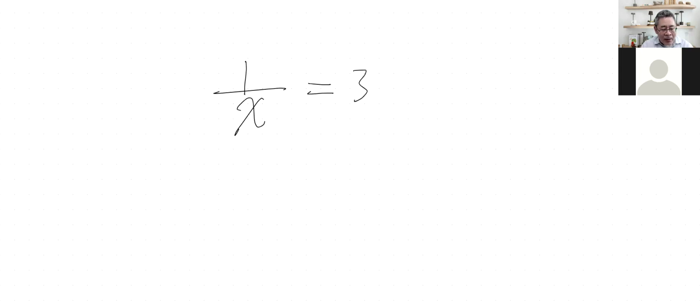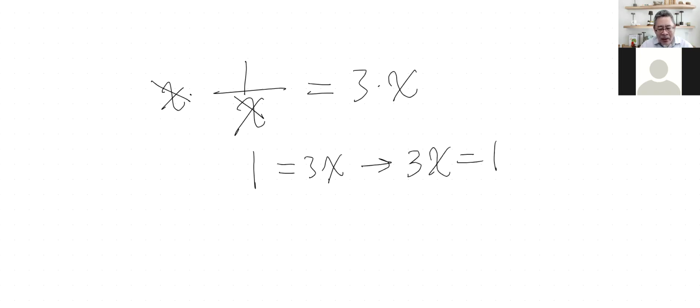To solve that, we just multiply x on both sides. Then this x and that cancel, we got 1, and this side is 3x. Then 3x equals 1. Then divide by 3 on both sides, so we find out x is 1/3.